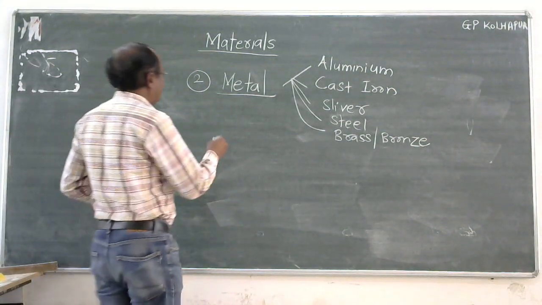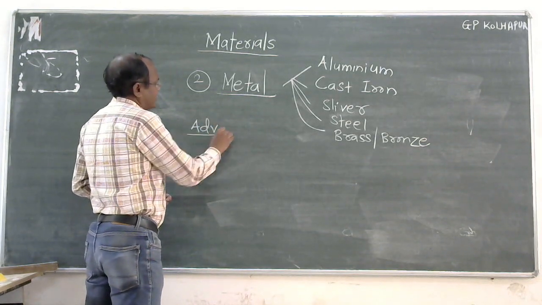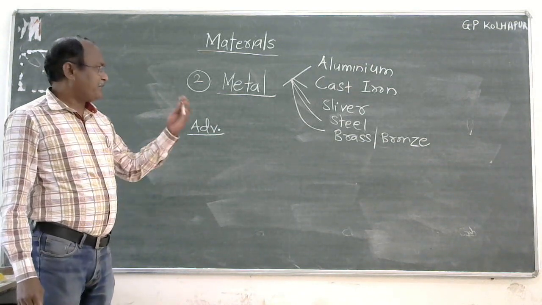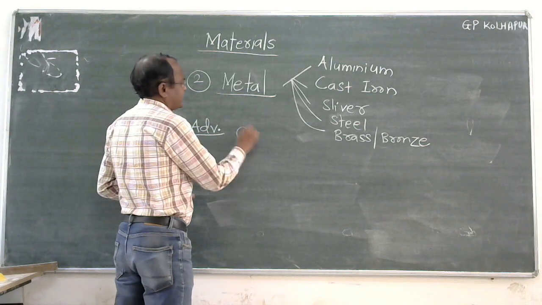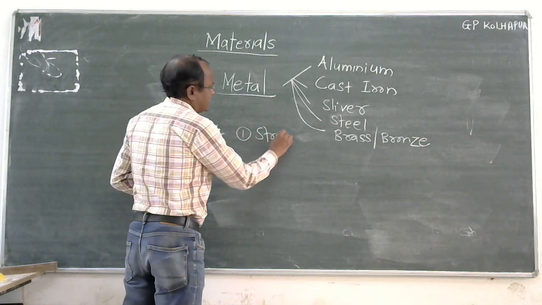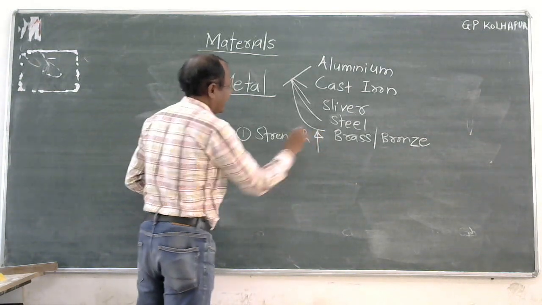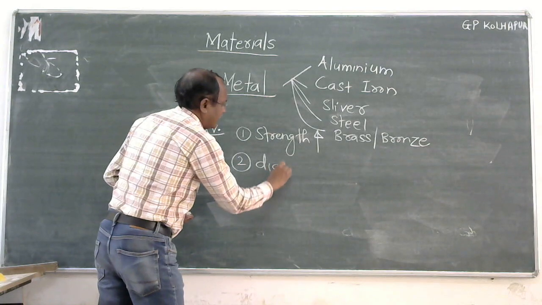So what are the advantages of this? If I compare the advantages of metal as a pattern material with wood, then strength comes into the picture. The strength is more as compared to wooden material. Dimensional accuracy can be sustained.